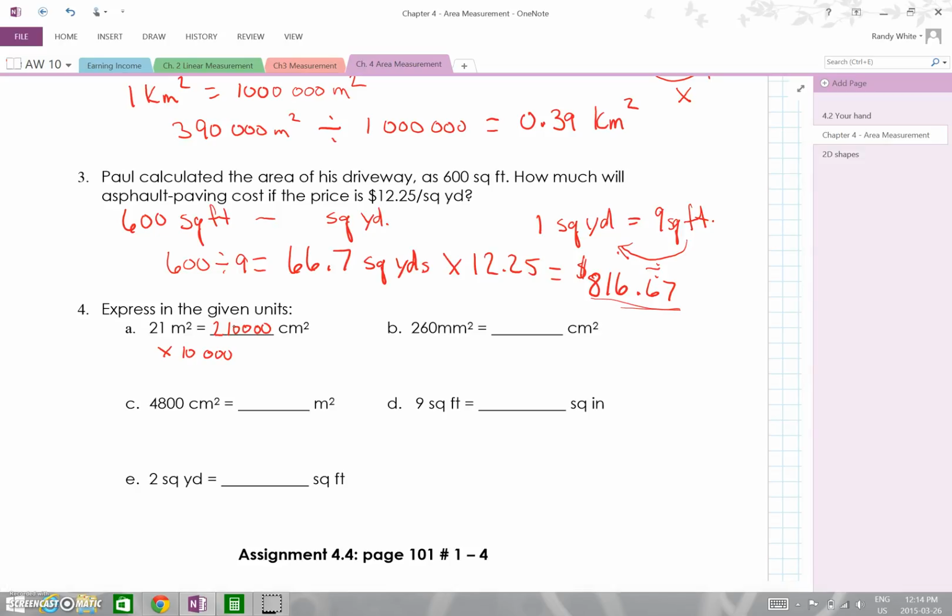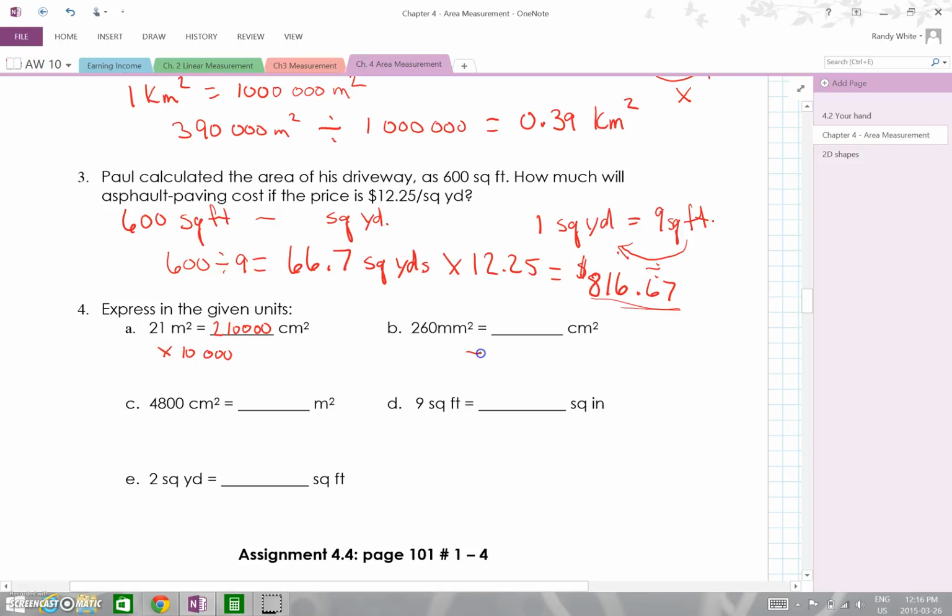B, I'm going millimeters to centimeters. And where do I see that? Okay, so we're going to go 260 millimeters squared to centimeters squared.